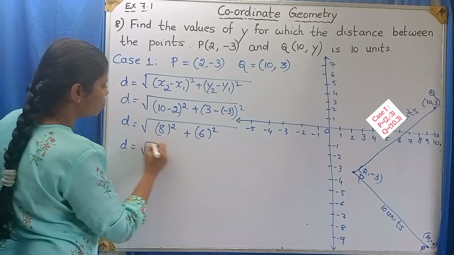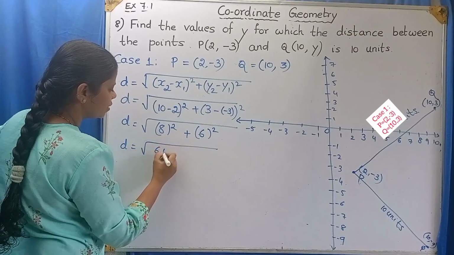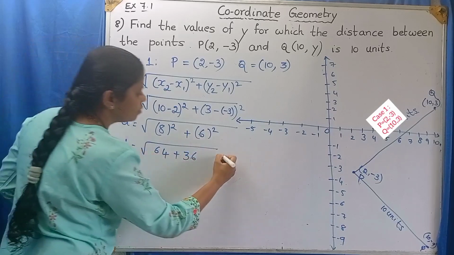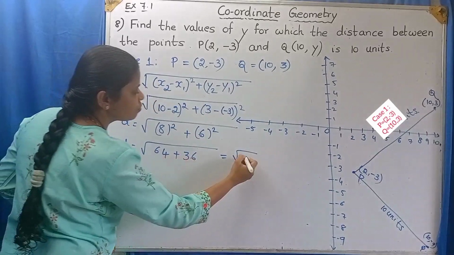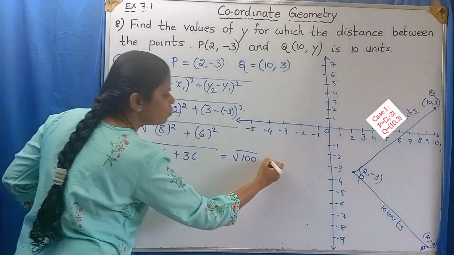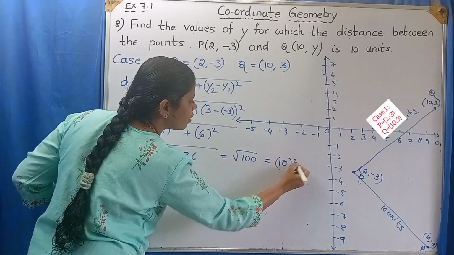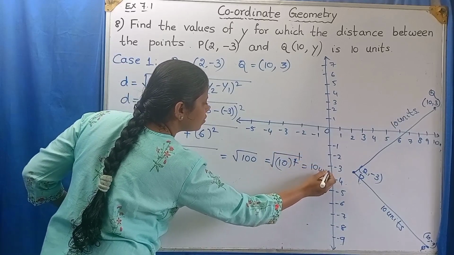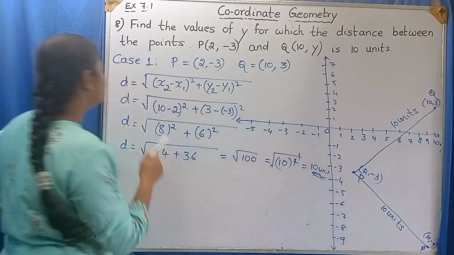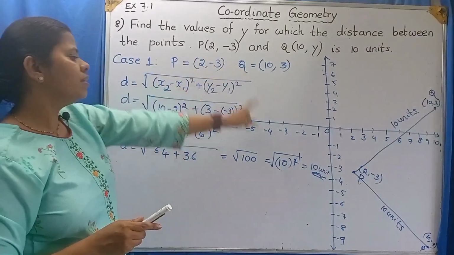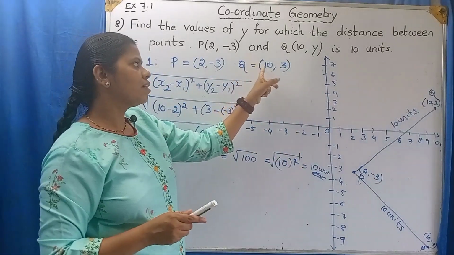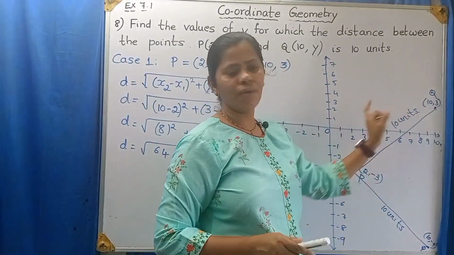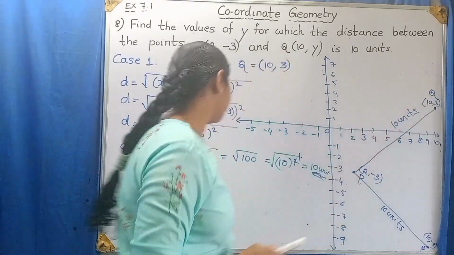Therefore, D is equal to the square root of 64 plus 36, which is the square root of 100. The square root of 100, we can write as 10 squared under the root. Therefore, it is 10 units. The distance between P and Q is 10 units when we take the y coordinate as 3. We have verified this is correct.